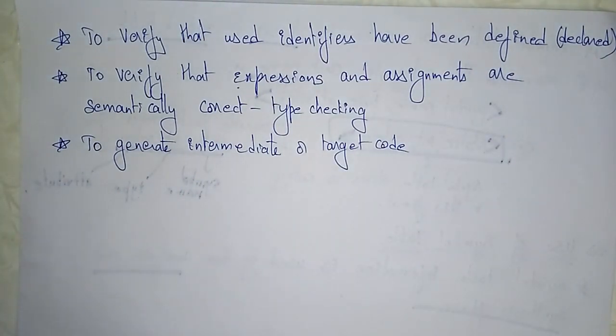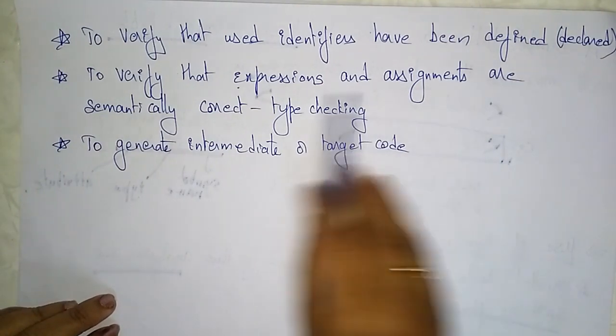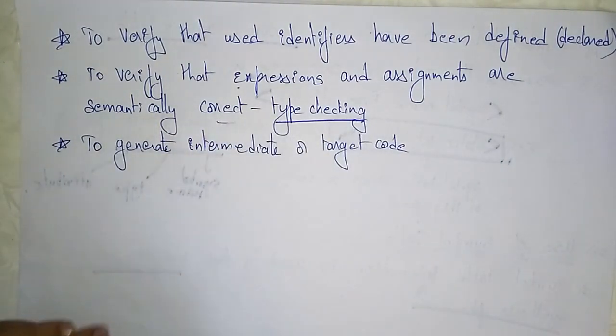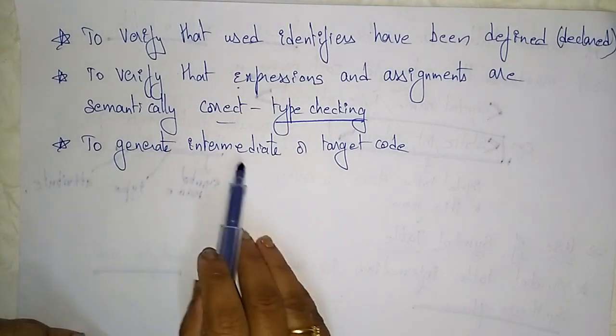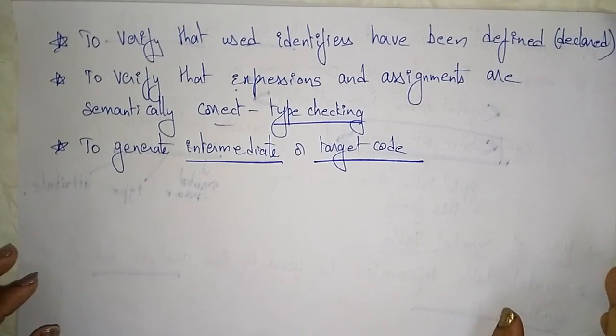It is used to verify that expressions and assignments are semantically correct or not, that is type checking. And the symbol table is used to generate the intermediate or the target code. So these are the different uses of the symbol table.